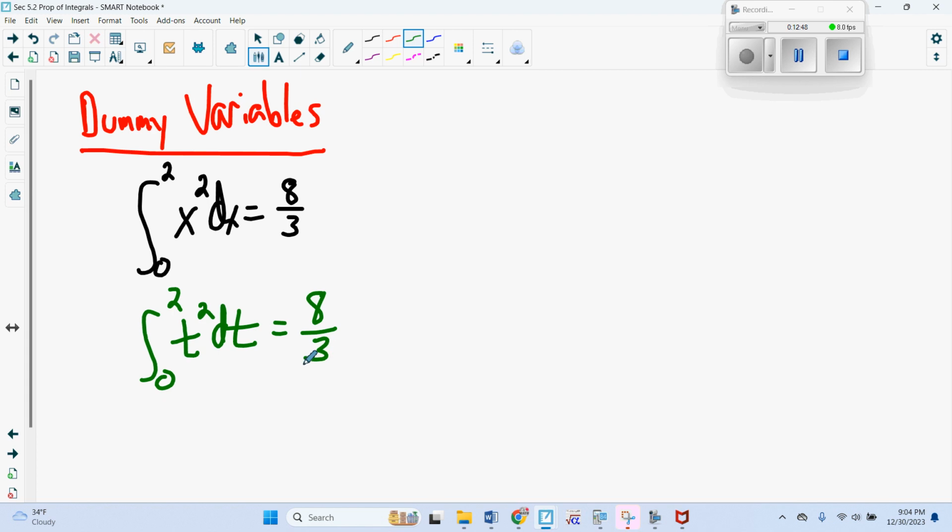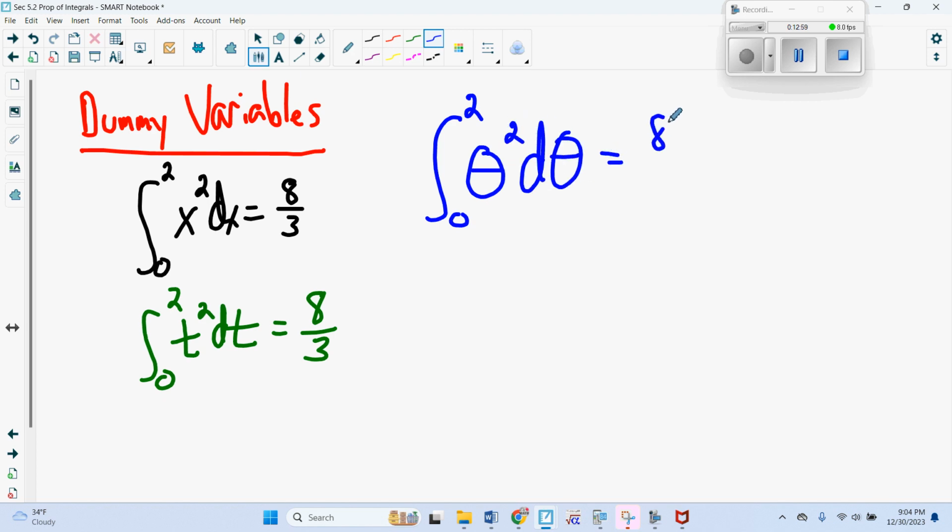That's still 8/3. I could say this is the integral from 0 to 2 of theta squared d theta. That is 8/3. I could say this is the integral from 0 to 2 of y squared dy.